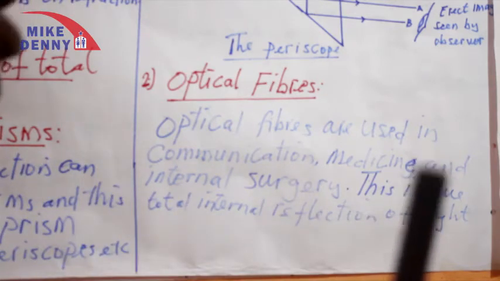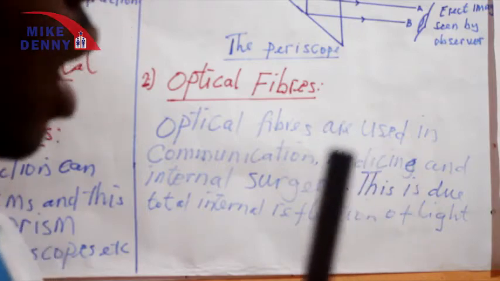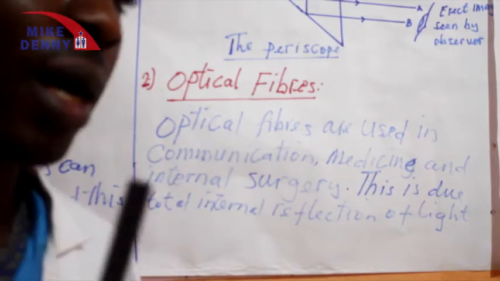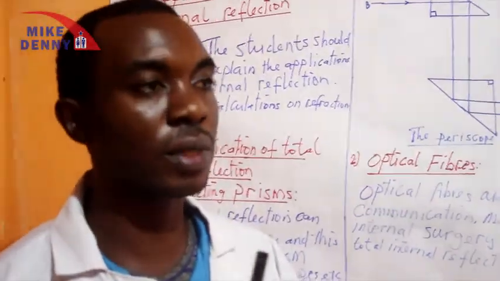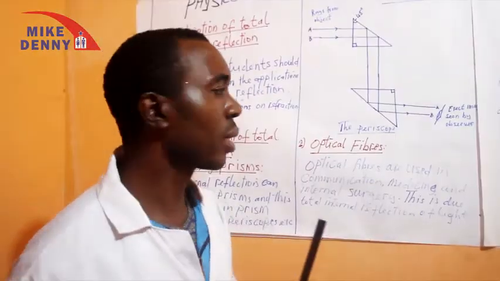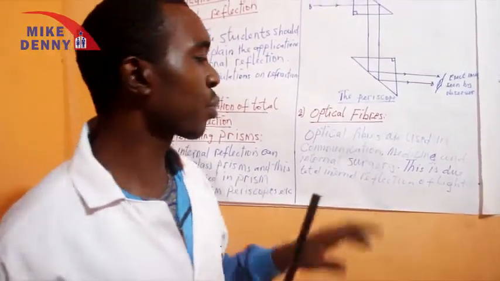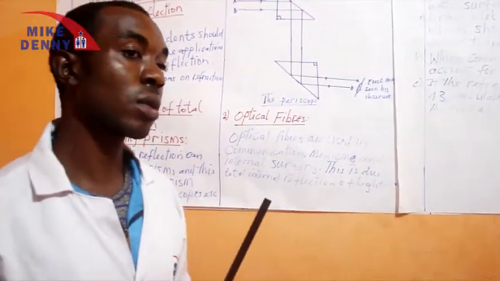Equally, optic fiber is very fast, and there is little or no loss of energy as far as information is concerned. Therefore, the energy loss along the way is minimized. That is why nowadays we prefer optic fiber to wire or cables.